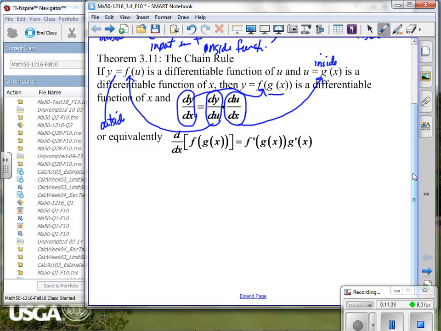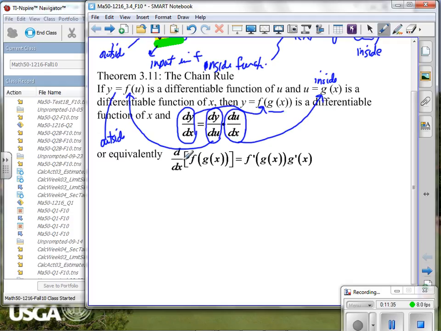Let's take a look. This says the derivative with respect to x of f of g of x. Well, what is the role of g of x in the function f? It's the input, so this is the inside function. Look what happens with that inside function. Can you read that? We take the derivative, yeah.